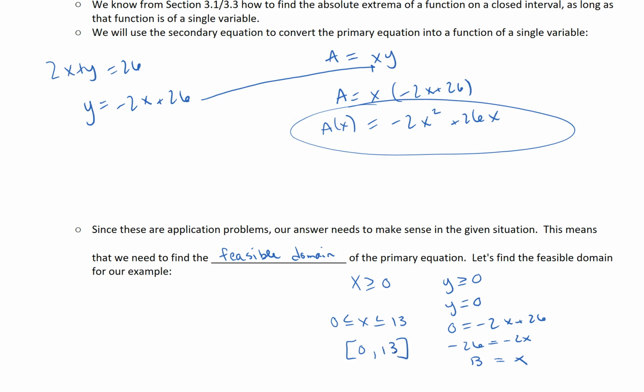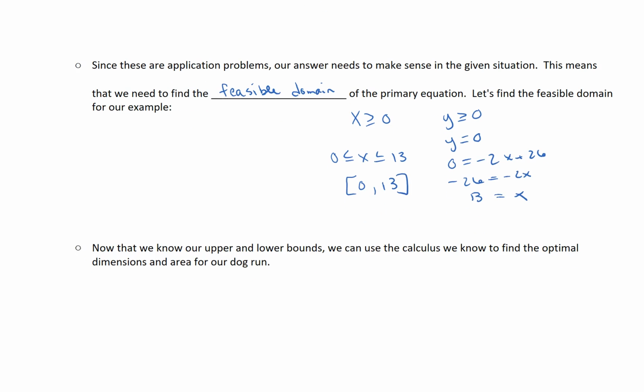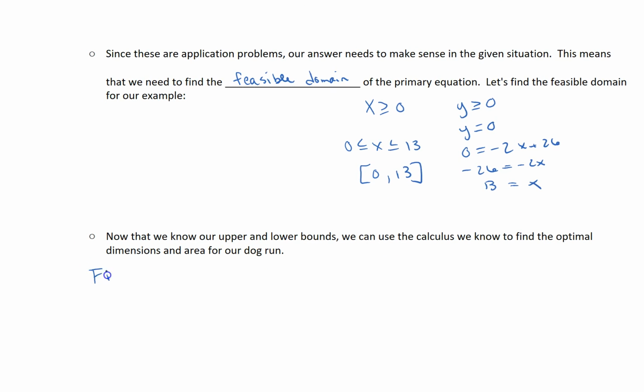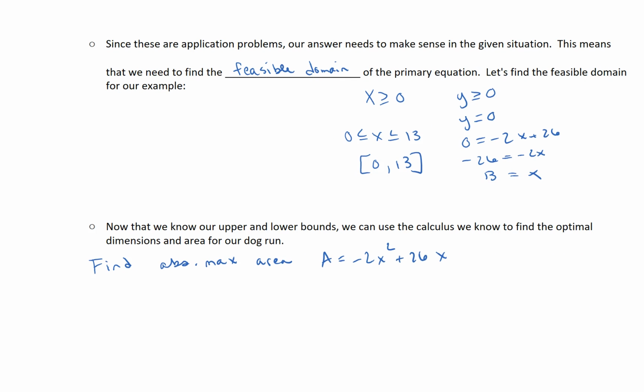So now that we know what those bounds are, we're actually using calculus to find the optimal dimensions. We're trying to find the absolute max area, A equals negative 2x squared plus 26x, which we found up here, on the closed interval from 0 to 13. So this has become a 3.1 problem at this point.